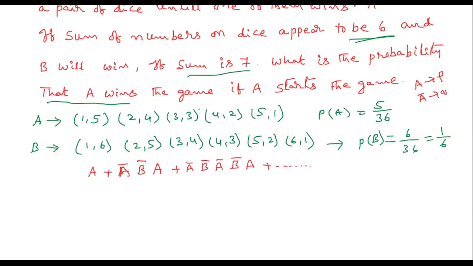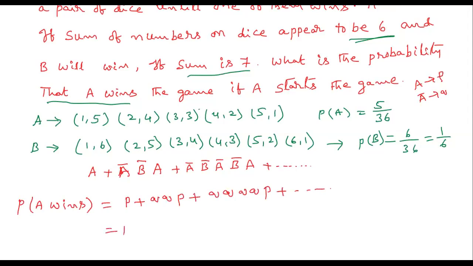Okay. Now the probability that A wins the game. When will he win? So A is the success, P. Complement means failure, Q. Q, Q, P. Q, Q, Q, Q, P, and so on.